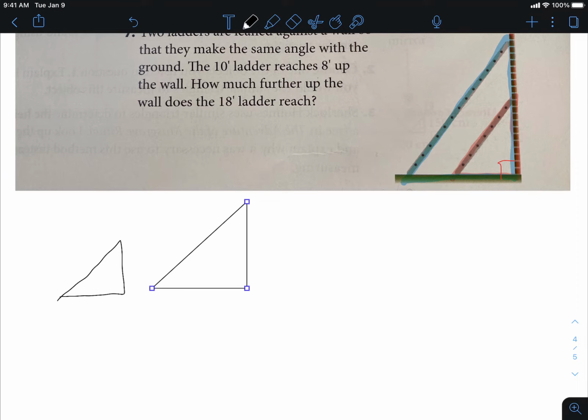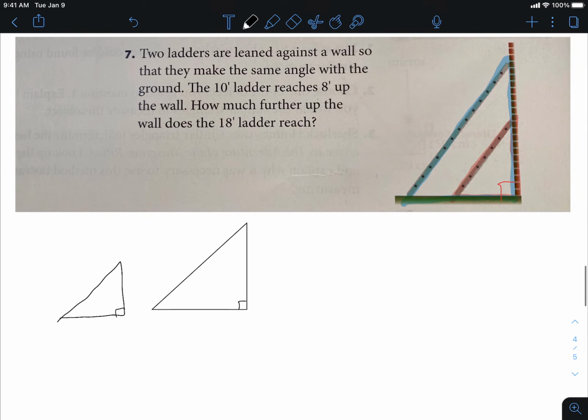Now the difficulty is just labeling the two triangles. They both have a right angle in the corner. I think we know, just by looking at this, there's a 10-foot ladder and an 8-foot ladder. Well, the 8-foot ladder must be your ladder going up here, so this must be 8 feet, and this must be the 10-foot ladder, so that's 10 feet here.